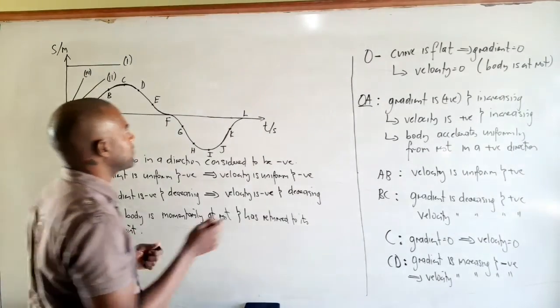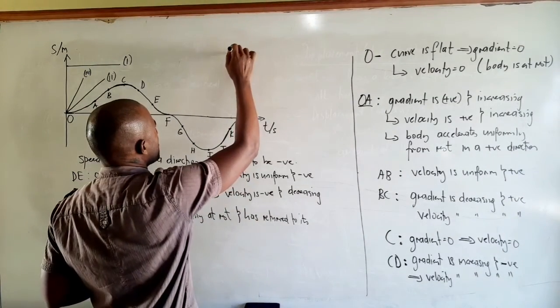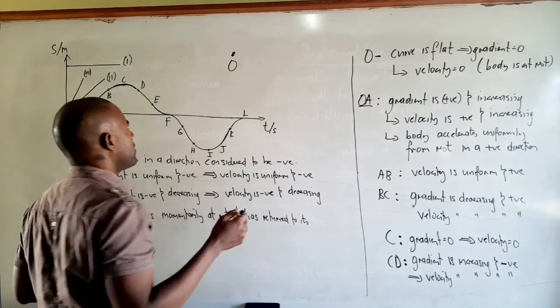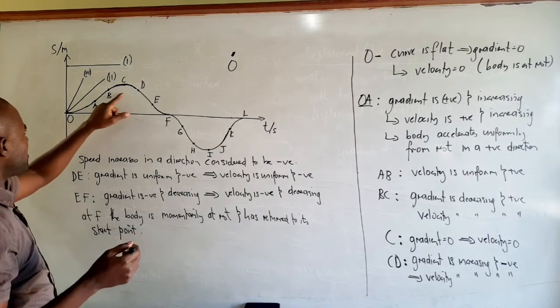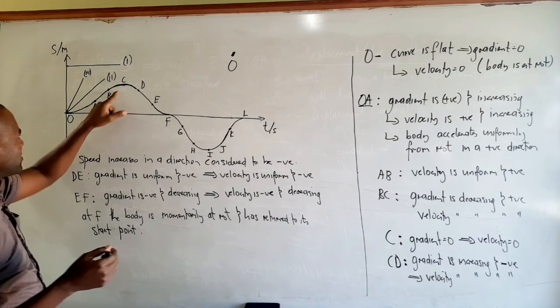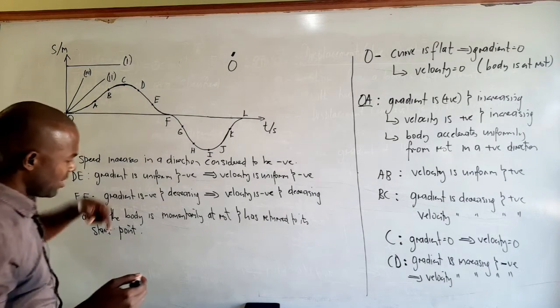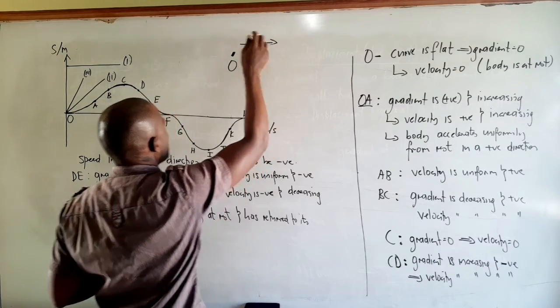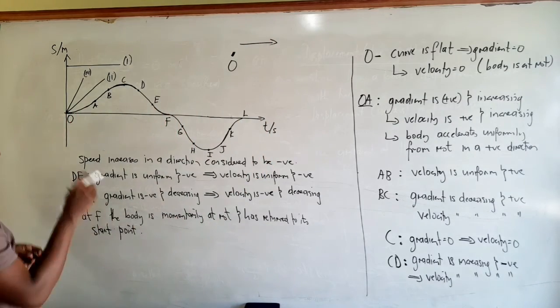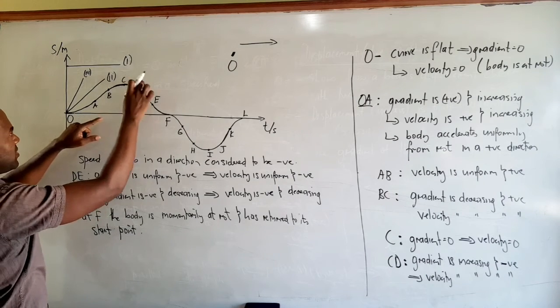What exactly does this mean? Let's say this is our reference point O. For the region where the body's displacement is positive, increasing, and then comes back, that means that the body is to the right of the reference point, right? So O, A, B, C, right?